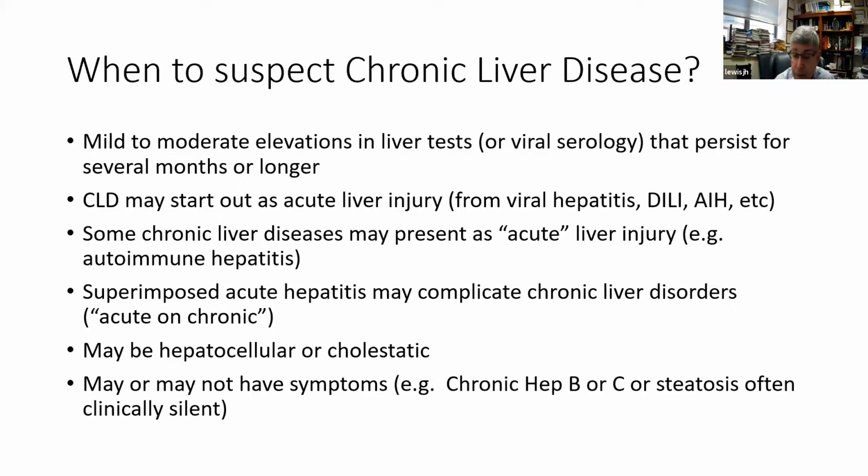Acute hepatitis may complicate chronic disorders, or what we call acute on chronic liver injury. We see this sometimes in cirrhotic patients, for example, where there's acute alcoholic hepatitis on top of chronic alcoholic cirrhosis. The injury can be hepatocellular or cholestatic, which we'll go through, and the patient may not have any symptoms.